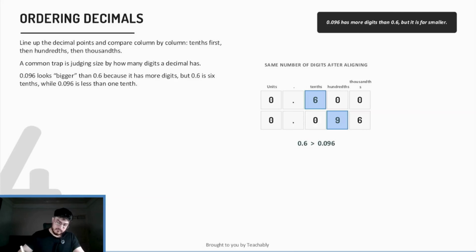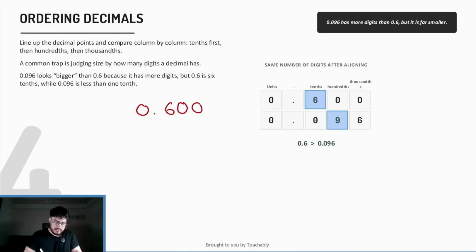So, if we look at this right here, how do you compare these then? How do you not fall into that trap? You just draw the column. So, 0.6 is right there. And because we're comparing 0.6 to this, I'm going to put 2 more zeros so that we can compare them.